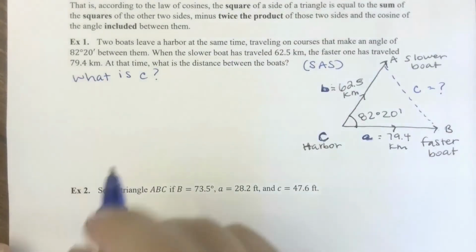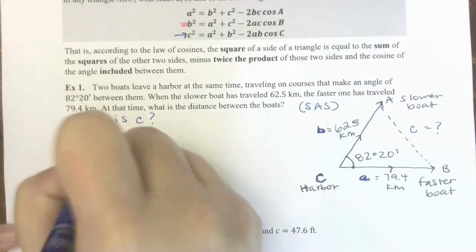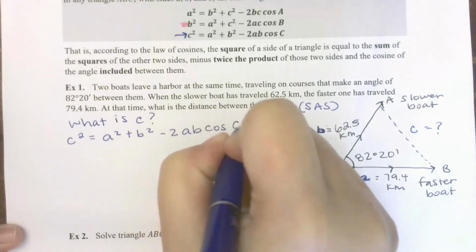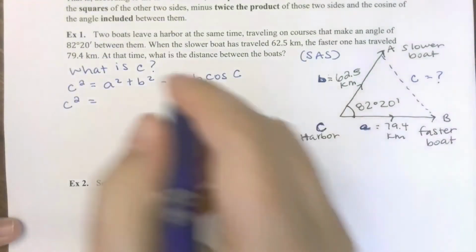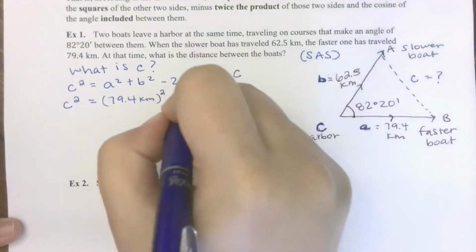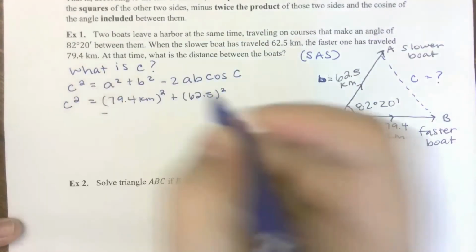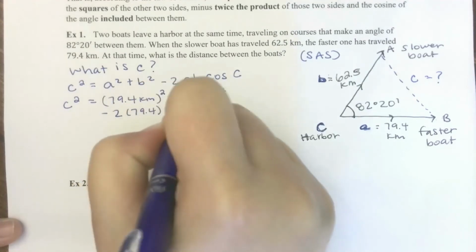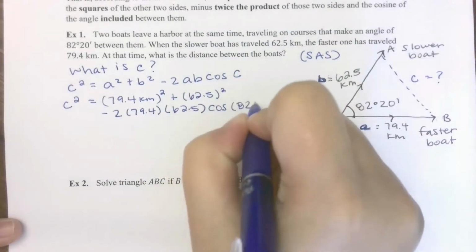So we're going to use one of the laws of cosines, the C squared one, right here: C squared equals A squared plus B squared minus 2 times A times B times cosine of C. If we plug in all of these values, A is 79.4 kilometers, so we have 79.4 squared plus 62.5 squared, and then minus 2 times 79.4 times 62.5 times cosine of C, which is 82 degrees and 20 minutes.